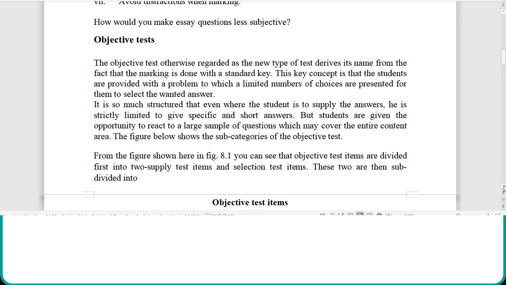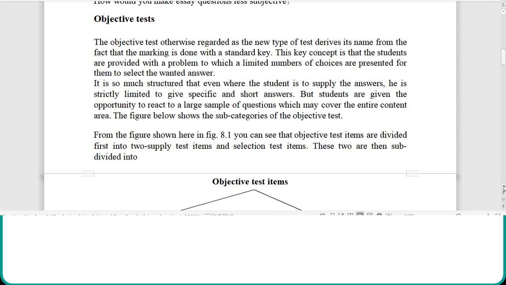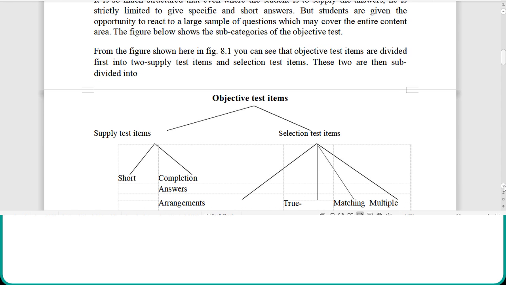It is so much structured that even where the student is to supply the answer, he is strictly limited to giving specific and short answers. But students are given the opportunity to react to a large sample of questions which may cover the entire content area. The figure below shows the subcategories of the objective type test.